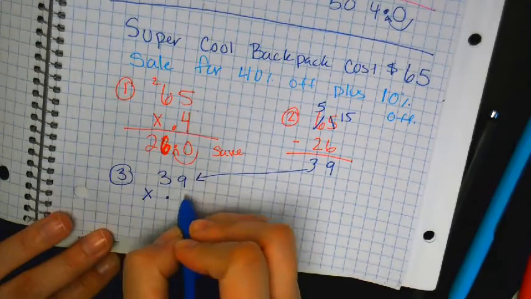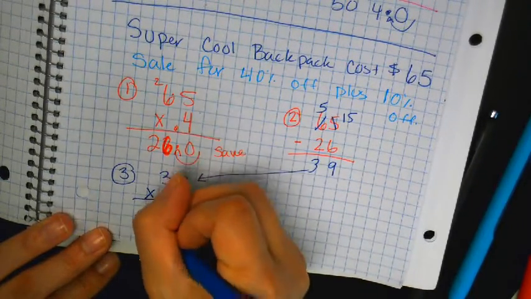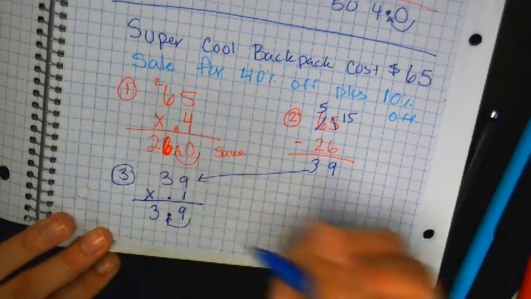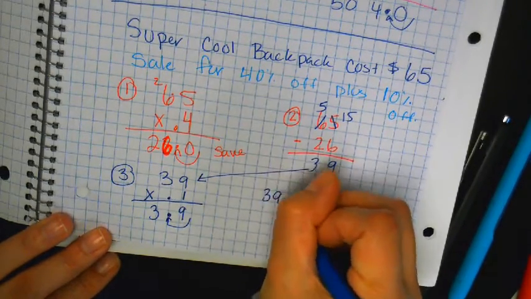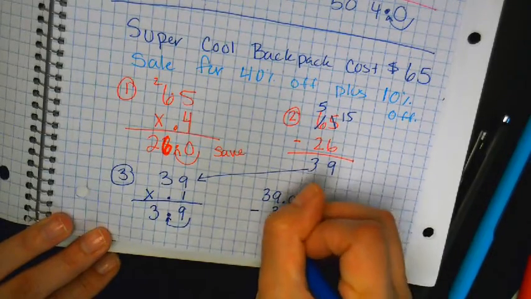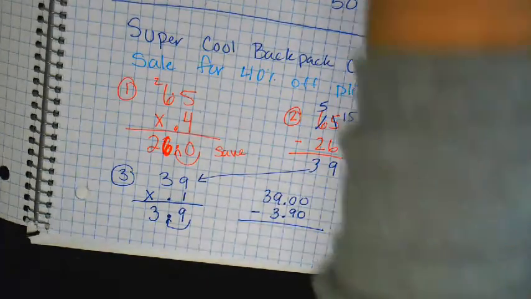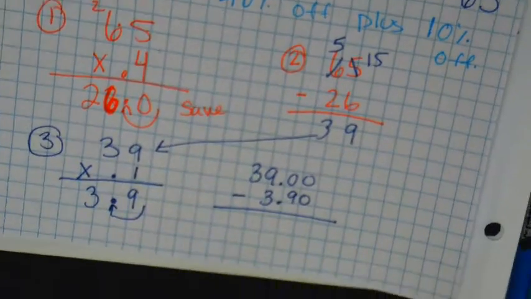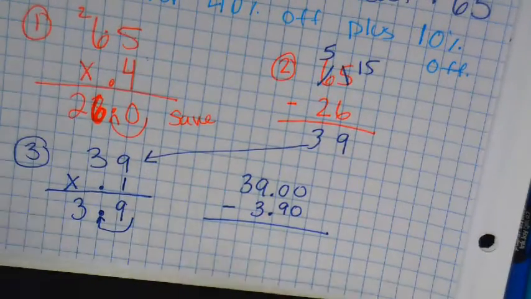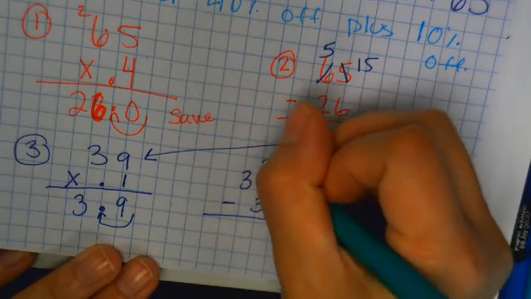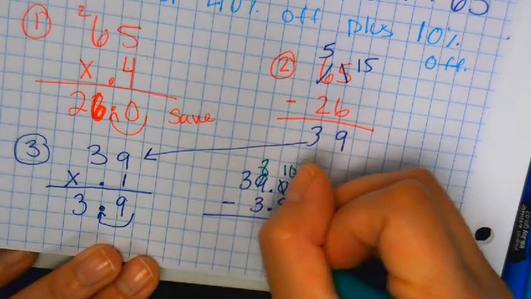Yay, I did the shortcut correctly. Gotta line up the decimals. 39 minus 3.9 is 35.10.